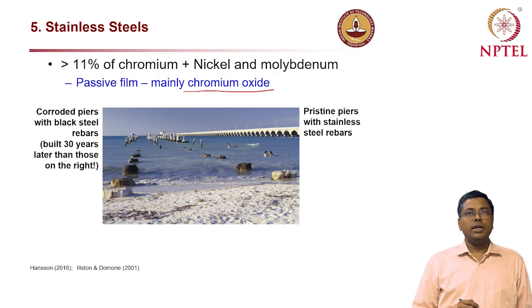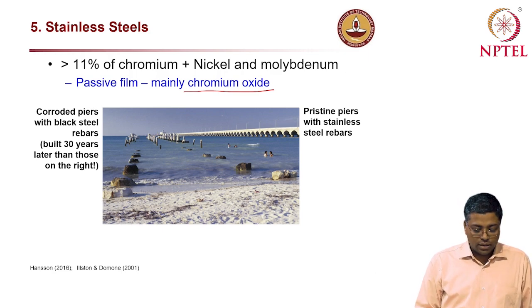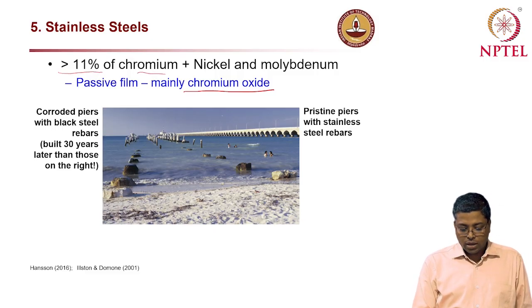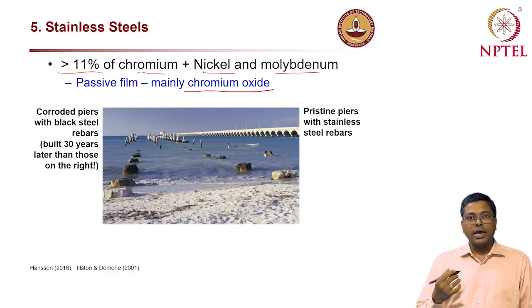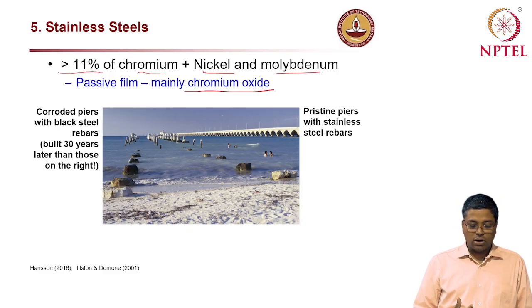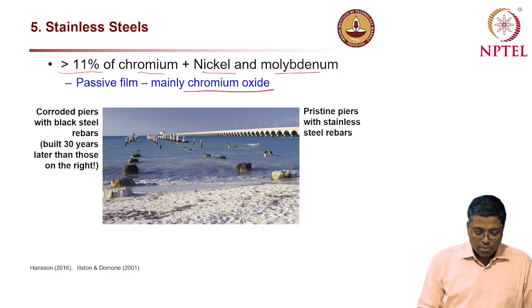So now let us look at the stainless steel. What is stainless steel? Mainly you have steel with more than 11% chromium plus nickel plus molybdenum. This enhances the resistance of this type of steel, mainly by having a passive film which is rich in chromium oxide.